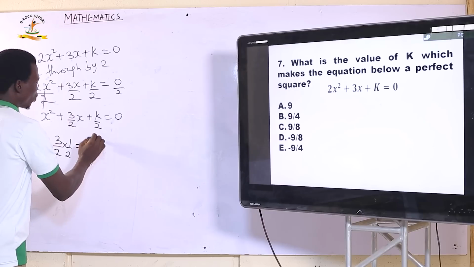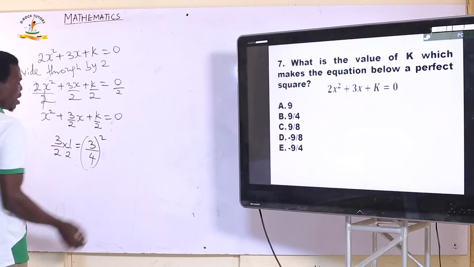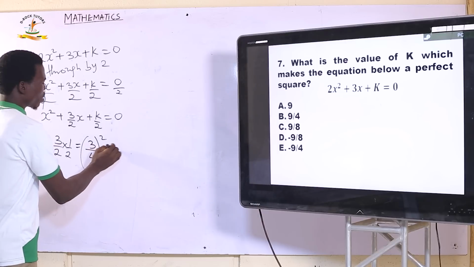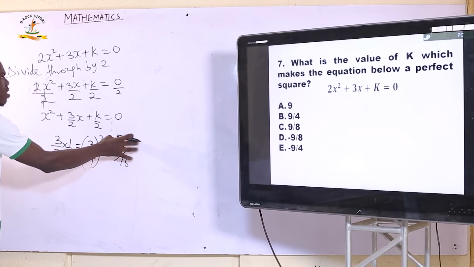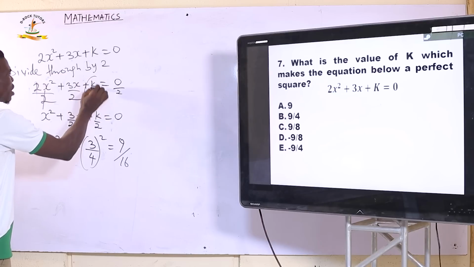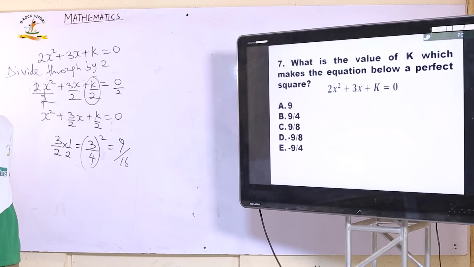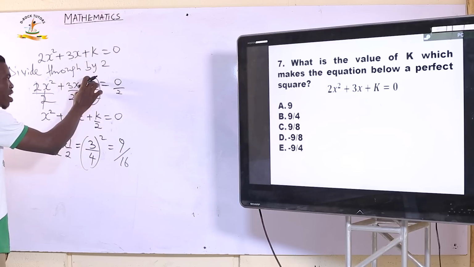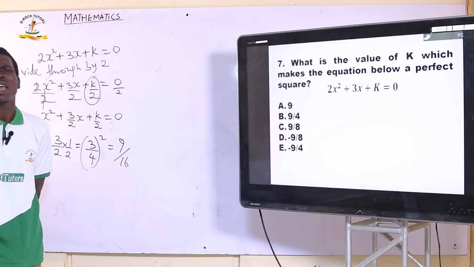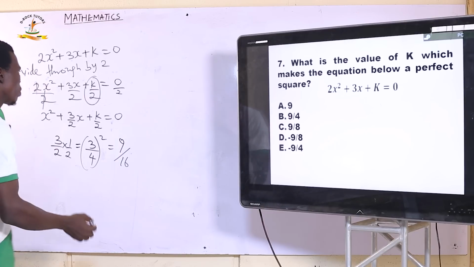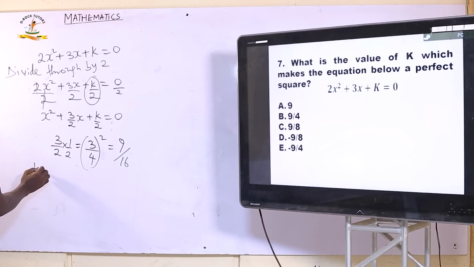Then this 3 over 4, what do we do? We square it. And when we square 3 over 4, we have 9 over 16. This 9 over 16 is going to be this k over 2. So this k over 2 must be equal to 9 over 16 for this expression to be a perfect square.